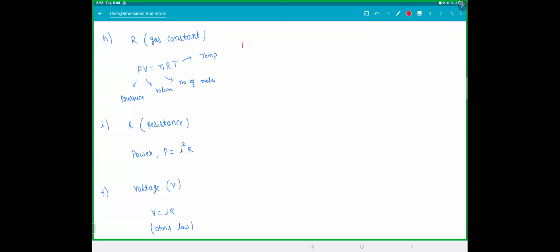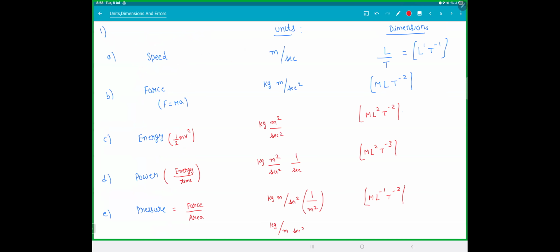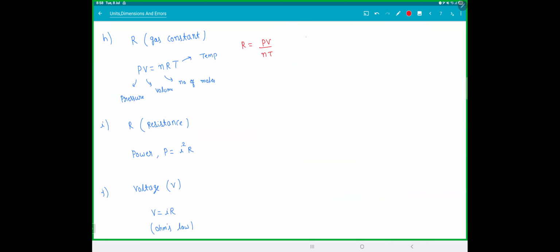So look at here. R is equal to PV by NT. P is pressure. What is pressure? That we just know. Pressure is kg per meter second square. V is volume, that is meter cube. N is mole, so 1 by mole. T is temperature, 1 by Kelvin.